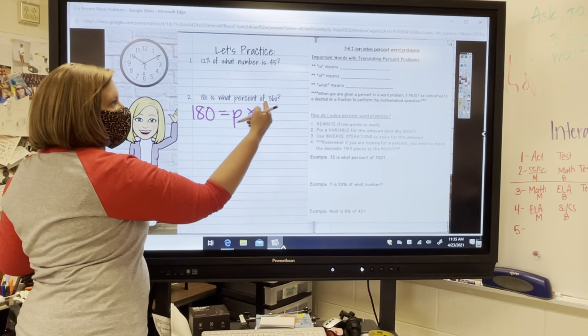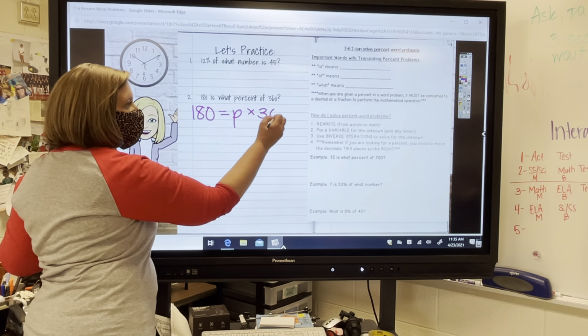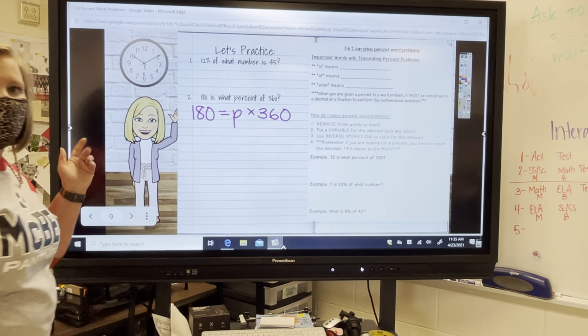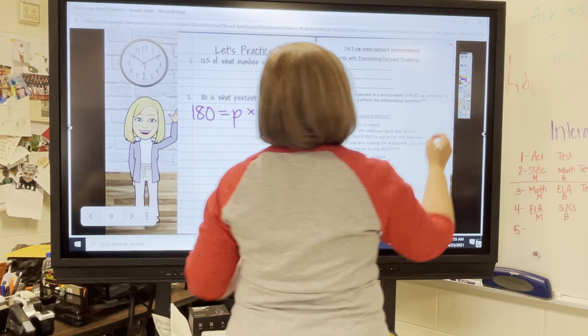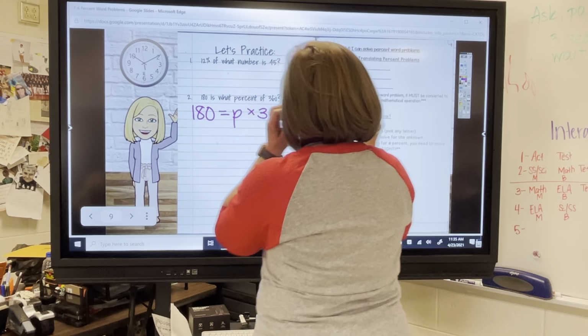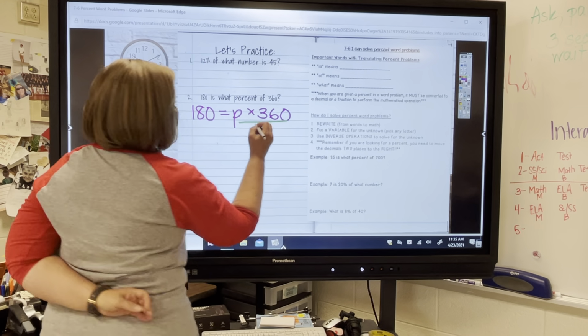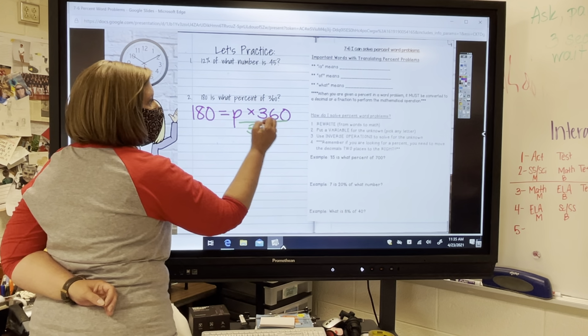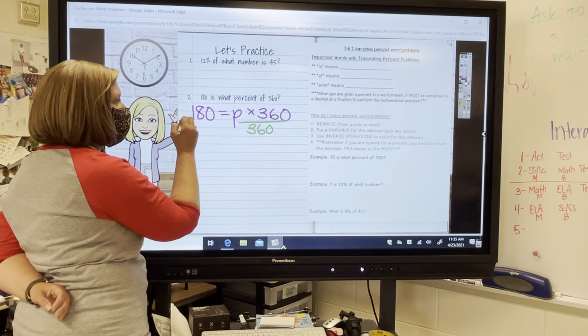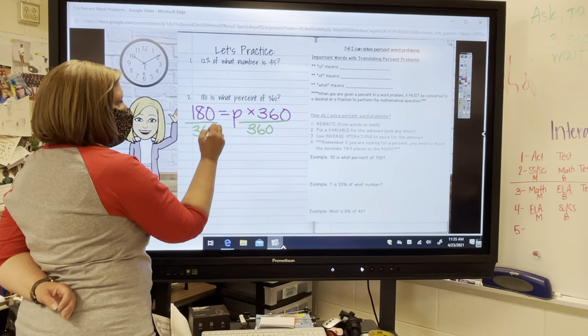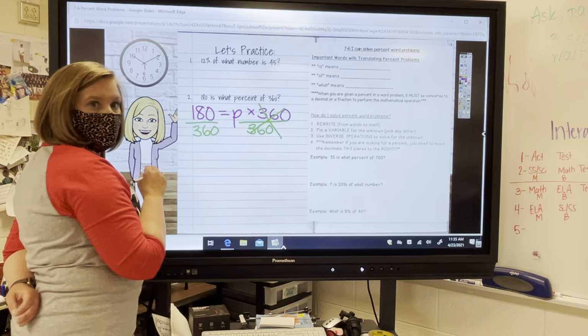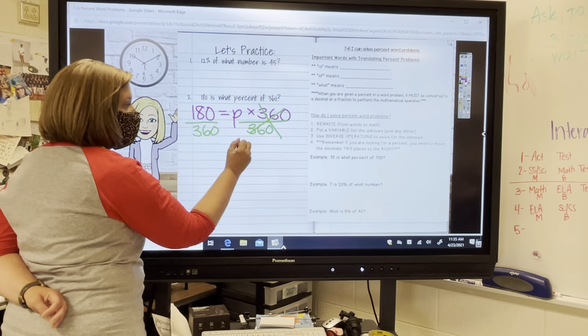Multiply by 360. How do I solve this? I have to get rid of my 360 with my p, so these 360s cancel out and I have a p.